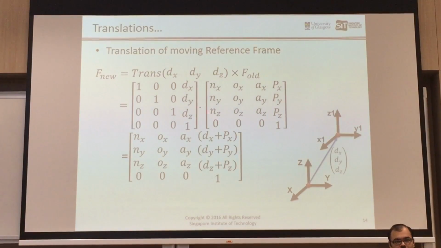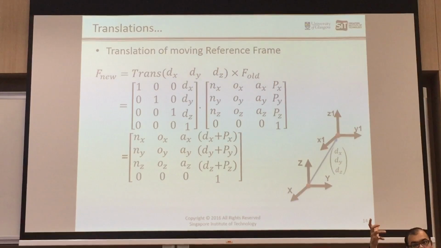This is a so-called validation. Let's say I'm just doing a pure translation. Let's say I put a frame at some particular orientation, then this is what I have, with respect to some global frame. And to that frame, I'm just going to do a pure translation. When I do a pure translation, it will be in this format.